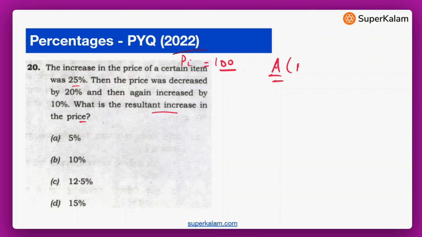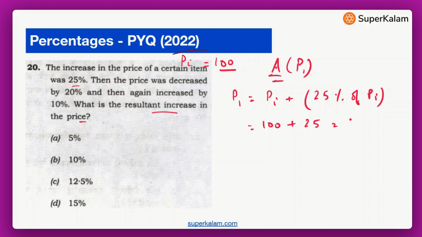Now we have to find P1, which was the first price after the initial increase of 25%. So P1 will be the initial price plus a 25% increase in Pi. Pi is 100 and 25% of 100 is 25. So P1 is 125. Due to the first increase, our price moved from 100 to 125.